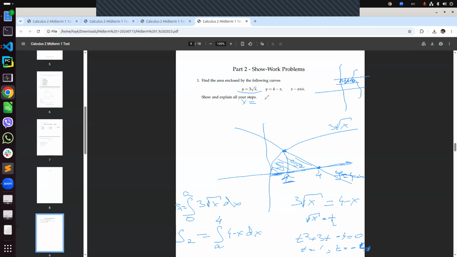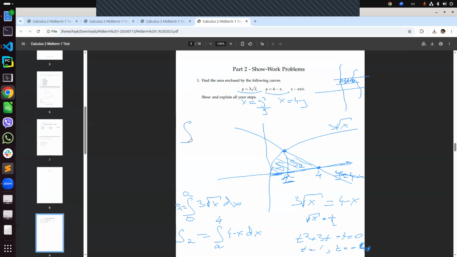Since we are talking about positive branches, here x equals y squared over 9, and here x is 4 minus y.